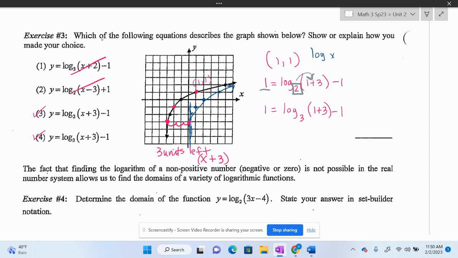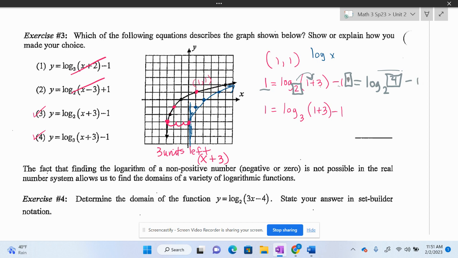So remember how we do this when there's this shift inside. This is saying log base 2. We don't know what this equals. So what power of 2 is going to give me 4? 2, but then you have to subtract 1 from it. That's what that minus 1 means.